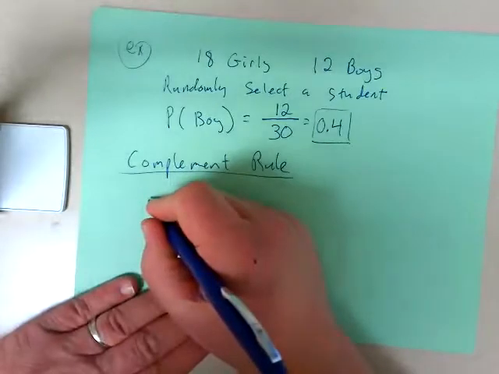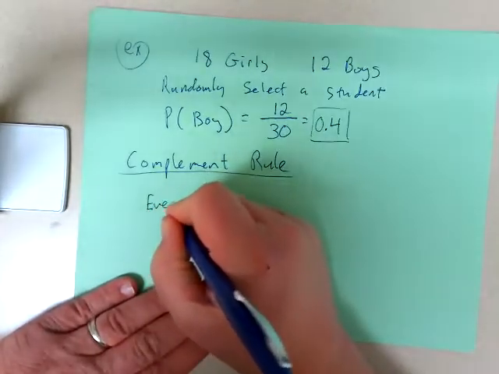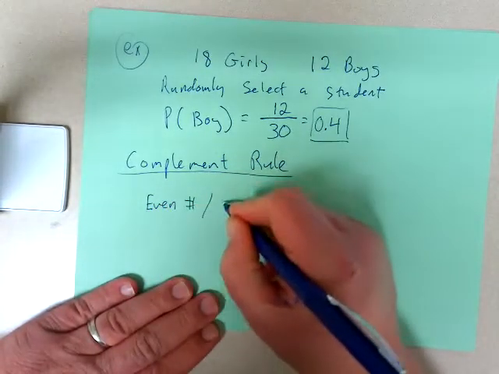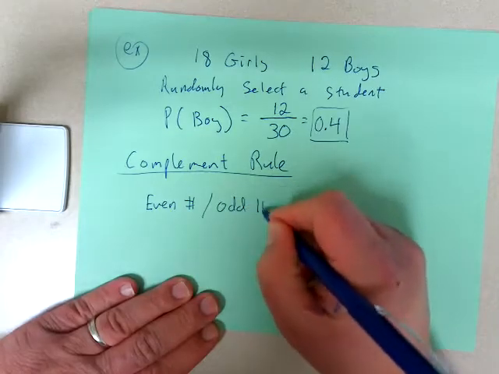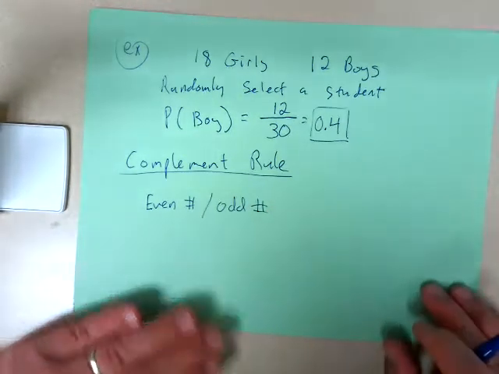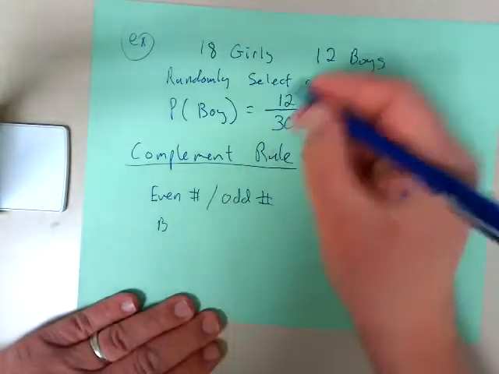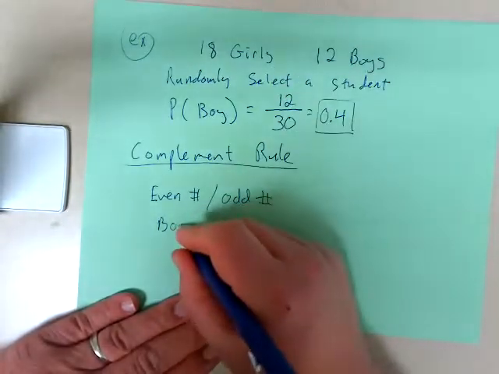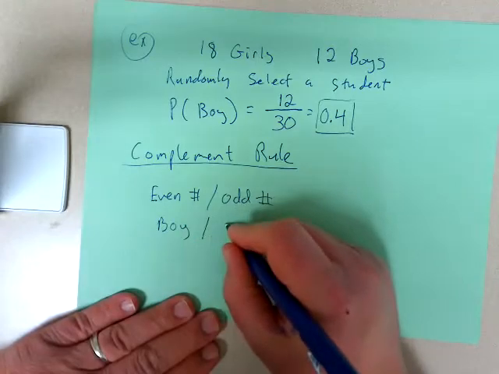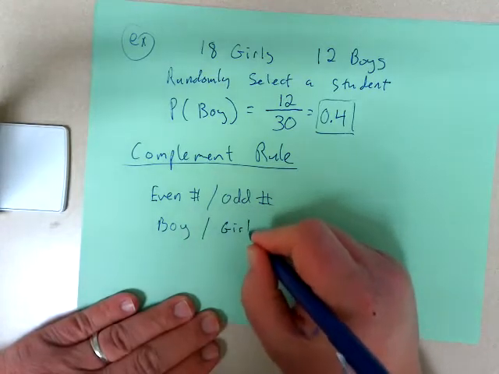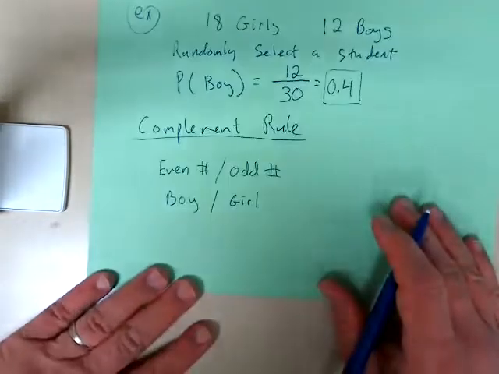So it could be like rolling an even number, rolling an odd number on the dice. Those are complementary events because it has to be one of the 2. Or like in this example up here, randomly selecting a boy or randomly selecting a girl. Those are complementary events.